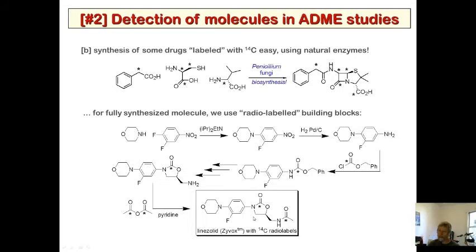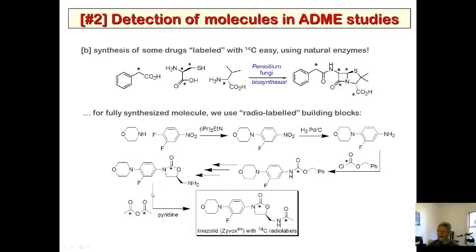So anyway, that's an example of either the biosynthesis or the kind of multi-step normal synthesis of a synthetic molecule with the incorporation of radioactive building blocks.